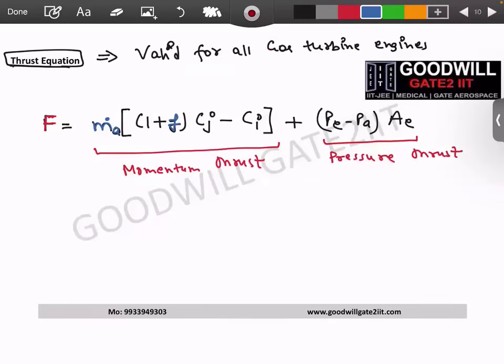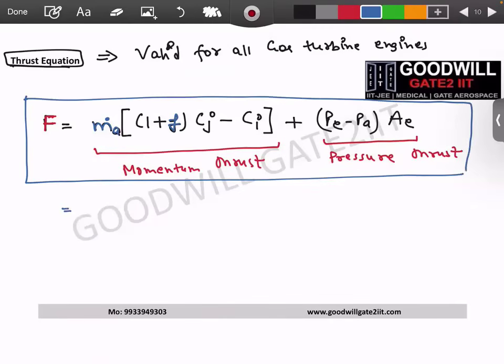Now, if I substitute this value here, right? Now, this is only for your understanding. This equation, anything which I'm going to block while I'm taking the lecture, that means you people need to learn that equation. Now, next is understanding it. So what I'm doing is, I'm simply writing this F here. F is this, right? Into Cj minus Ci.